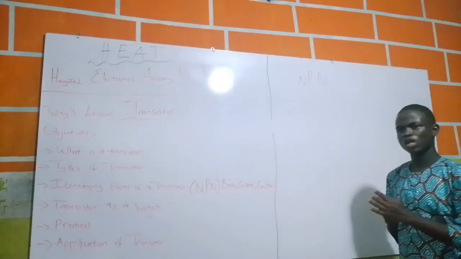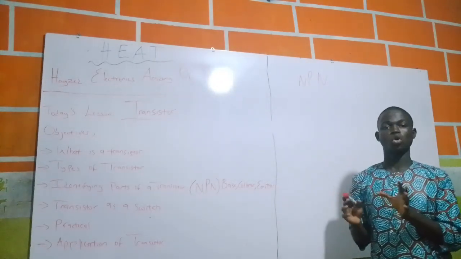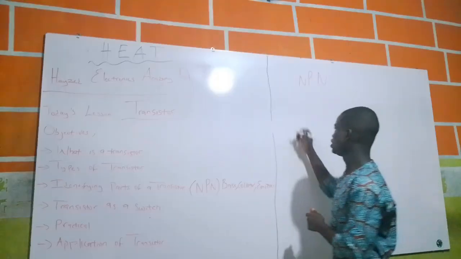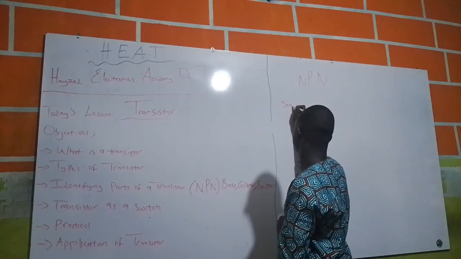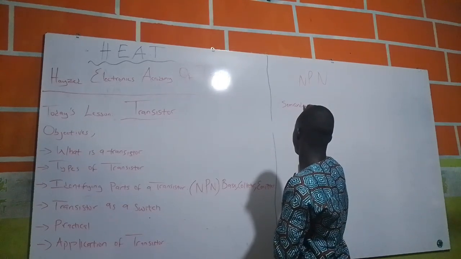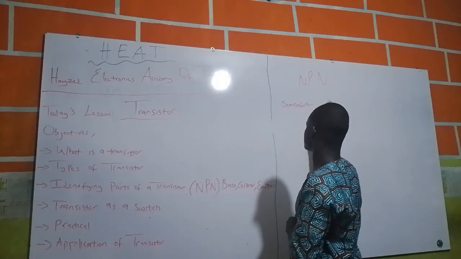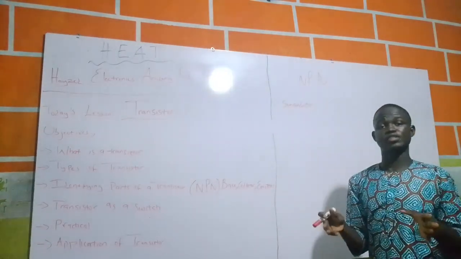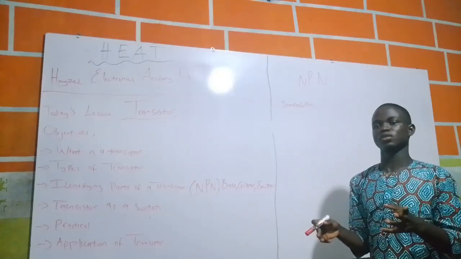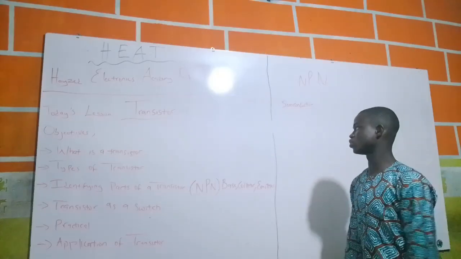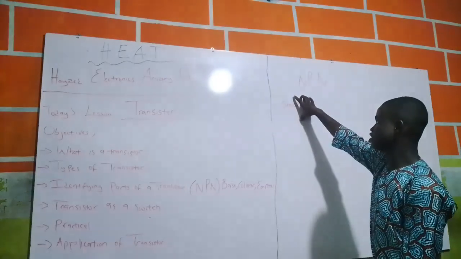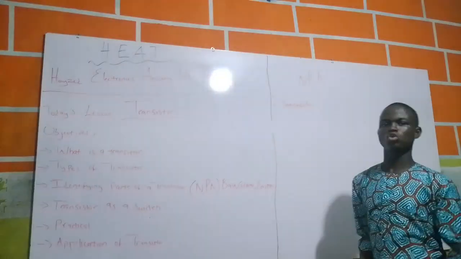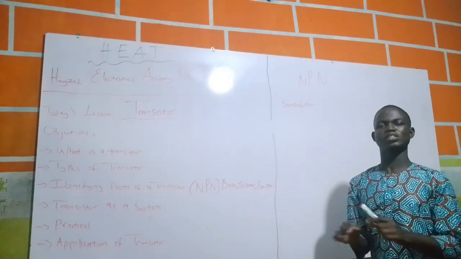In physics, we have what we refer to as a semiconductor. When I say semiconductor, that means a material that has the ability to conduct electricity and also has the ability to not conduct electricity. In semiconductors, we have different materials being used.